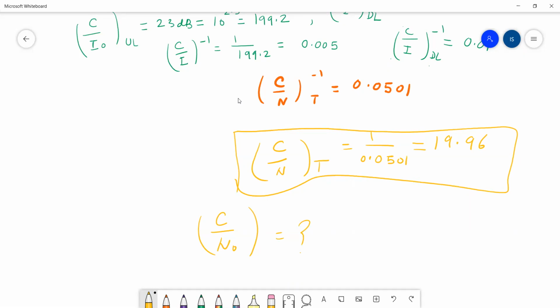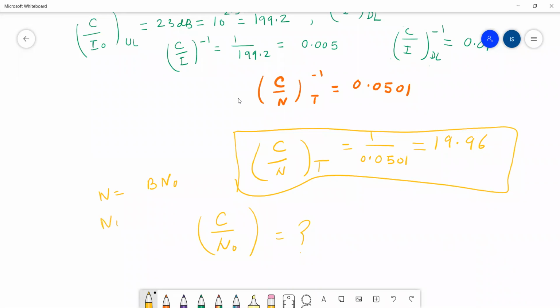To calculate carrier to noise density ratio, there was a formula. Does anyone remember the relation between N naught and N? N is equal to B into N naught, and last time I told you.